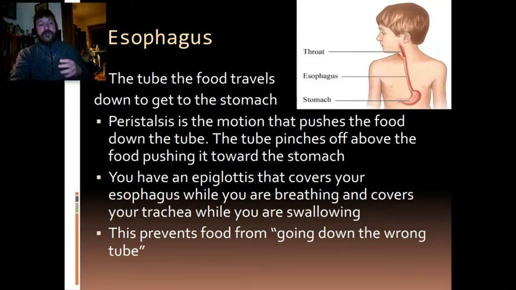You also have, at the top of the esophagus, the epiglottis, which will close over the trachea when you're swallowing, so that you don't gag on your food, so that you don't want it going down into your trachea. That's not good.